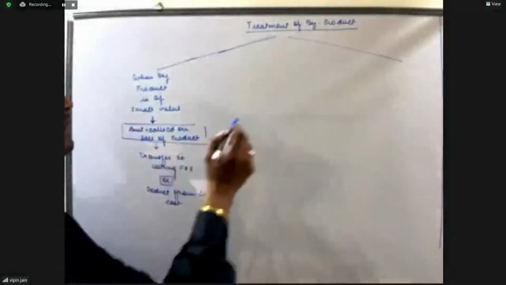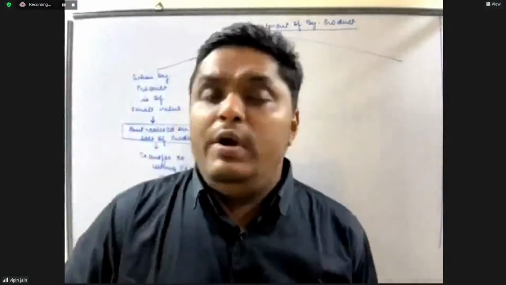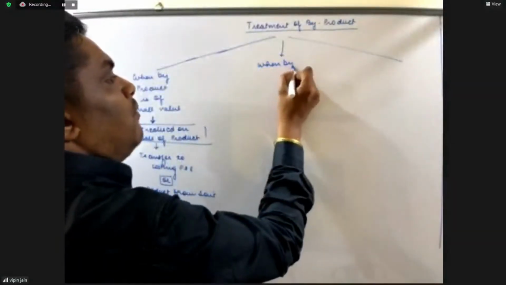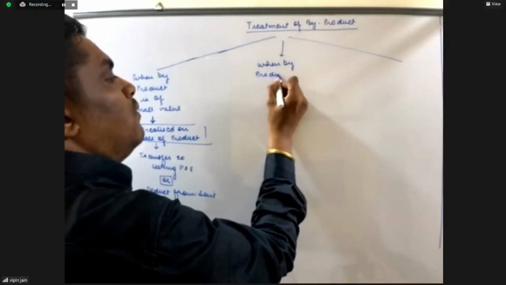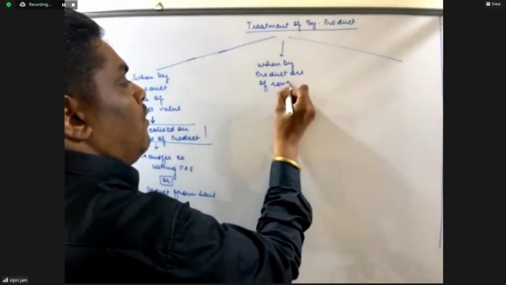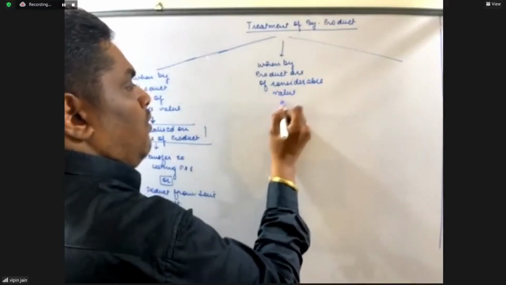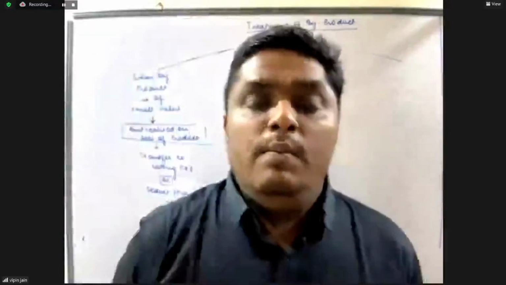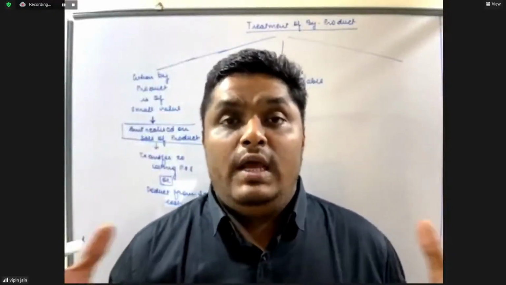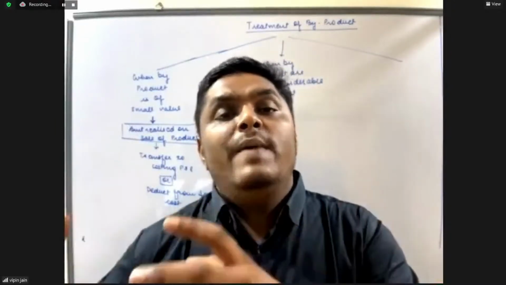Now, when talking about the second part, when the byproduct is of considerable value, if we go to the market to sell the byproduct and the amount realized has some considerable value, then in that case no need to treat that byproduct as byproduct.